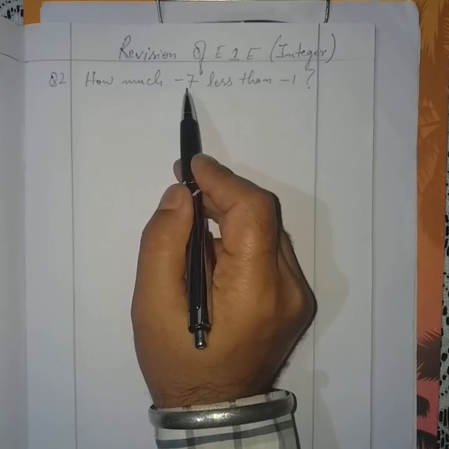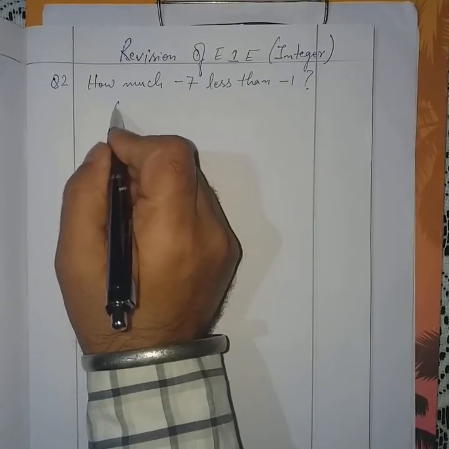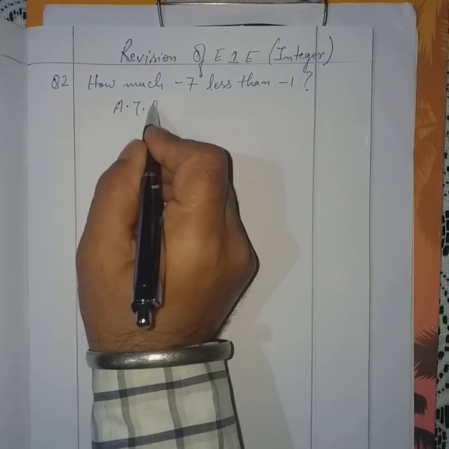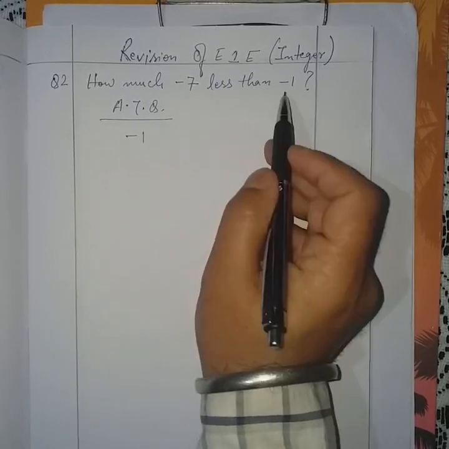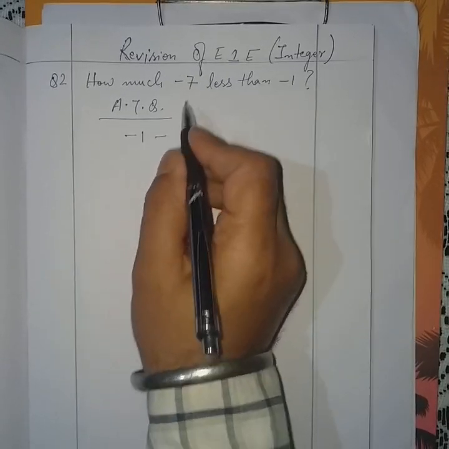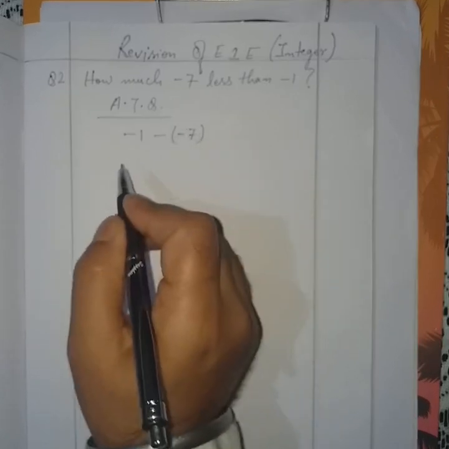So how much minus 7 less than minus 1? So we can write according to question minus 1 minus minus 7. This is a negative number, so put it in bracket.